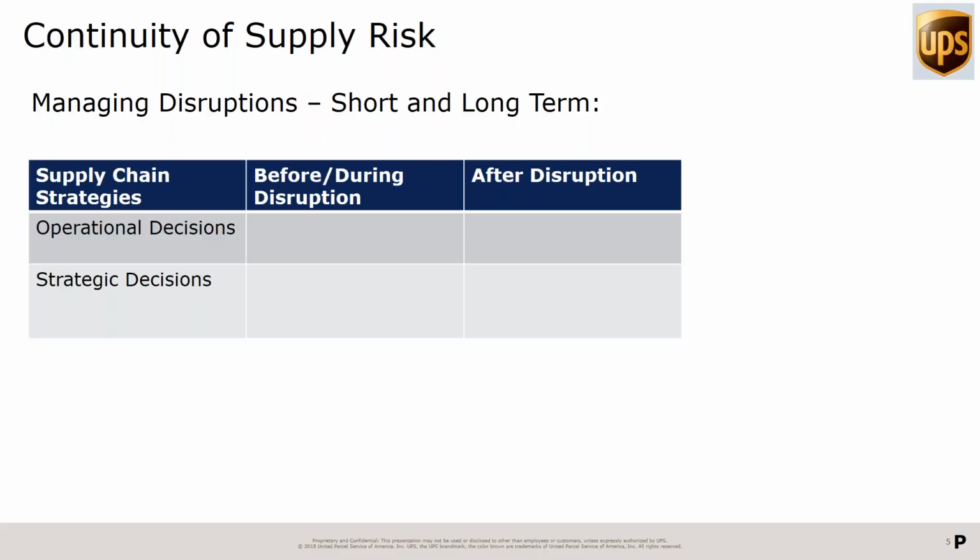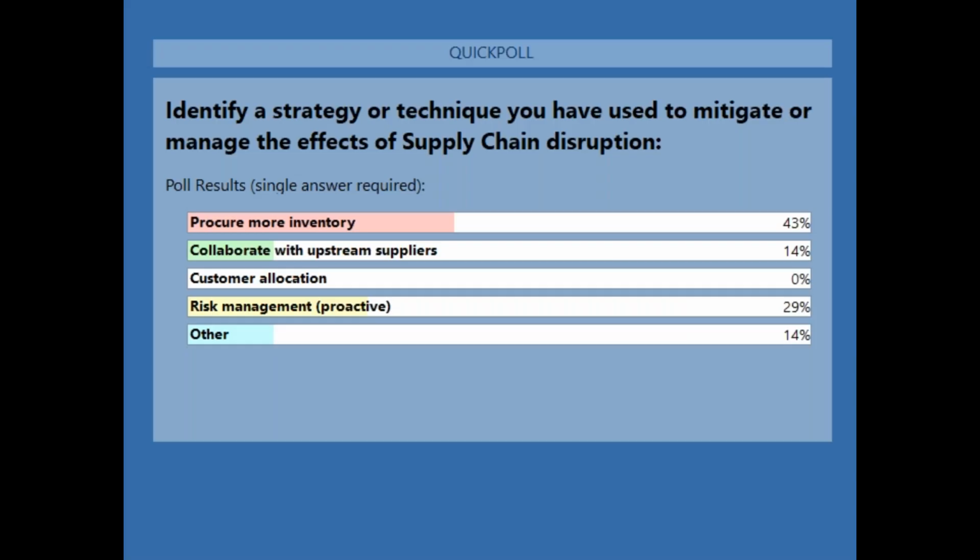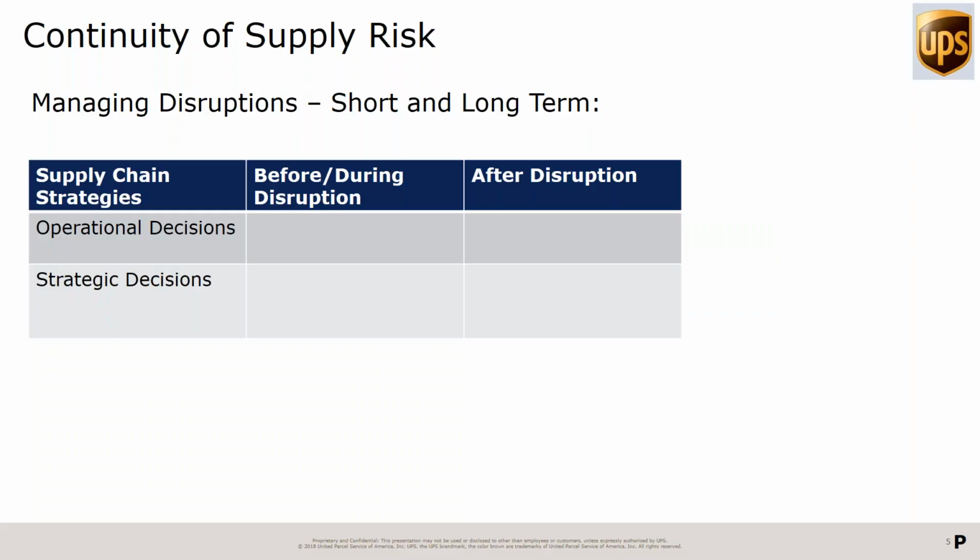I'm going to go ahead and close the poll and share. Most of you said procure more inventory. 14% of you said collaborate with upstream suppliers. A few of you said risk management, and a couple of you said other as well. Go ahead, Raghu.